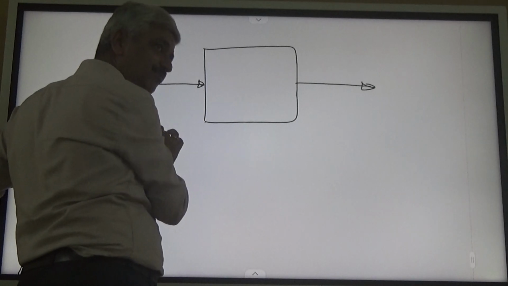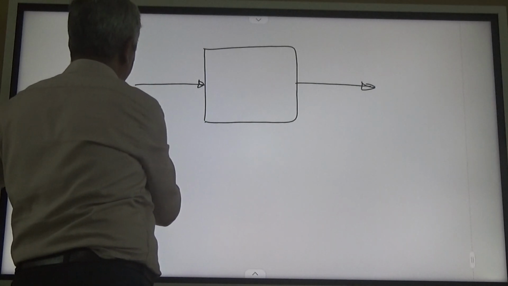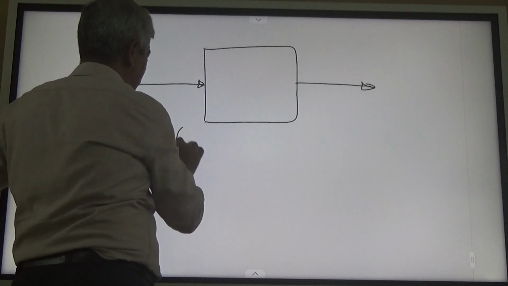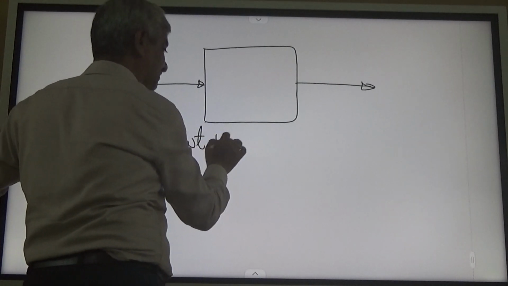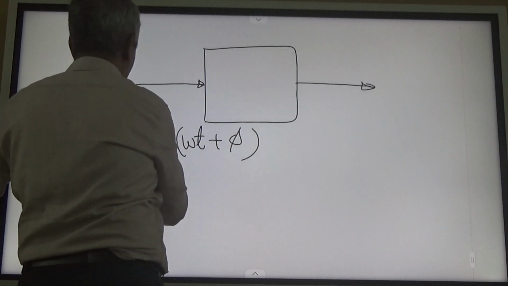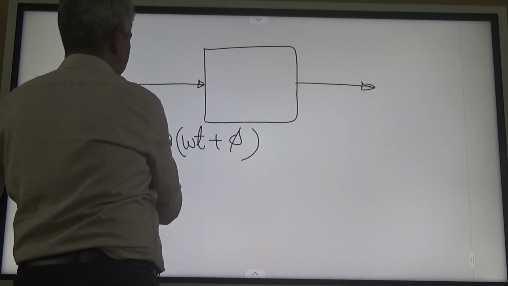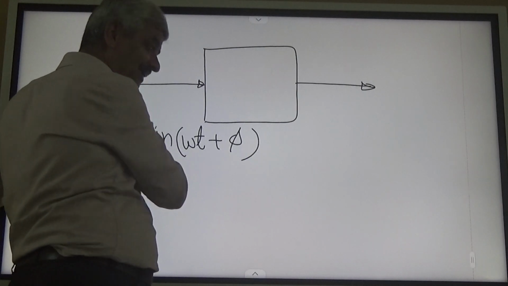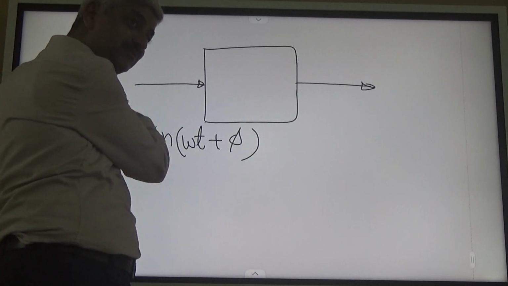When I say sinusoidal input, I can say sine omega t plus phi, and I can have some amplitude. I need not apply only amplitude 1, it can be some other amplitude.